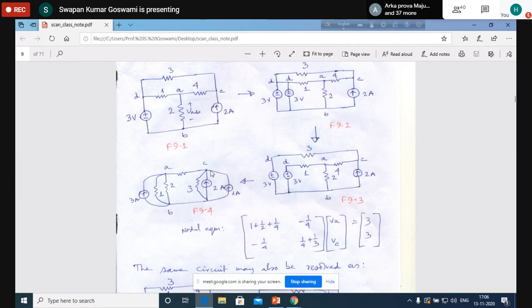This is 1 ampere source entering into node C because of this source. Is it clear? For this branch, this conversion is clear that this is the branch and this is their impedance.